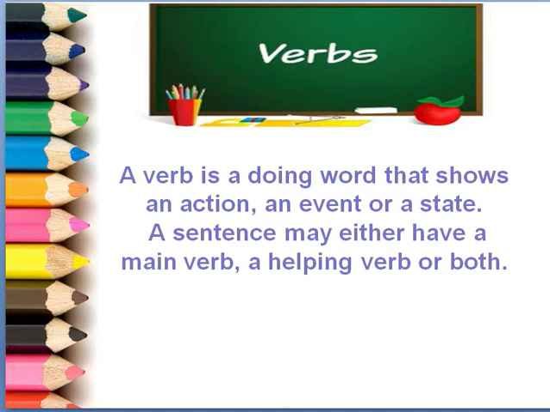Let's quickly revise the definition. What is a verb? A verb is a doing word that shows an action, an event, or a state. A sentence may have a main verb, a helping verb, or both. A verb describes an action or makes a statement about a person, animal, plant, or thing.